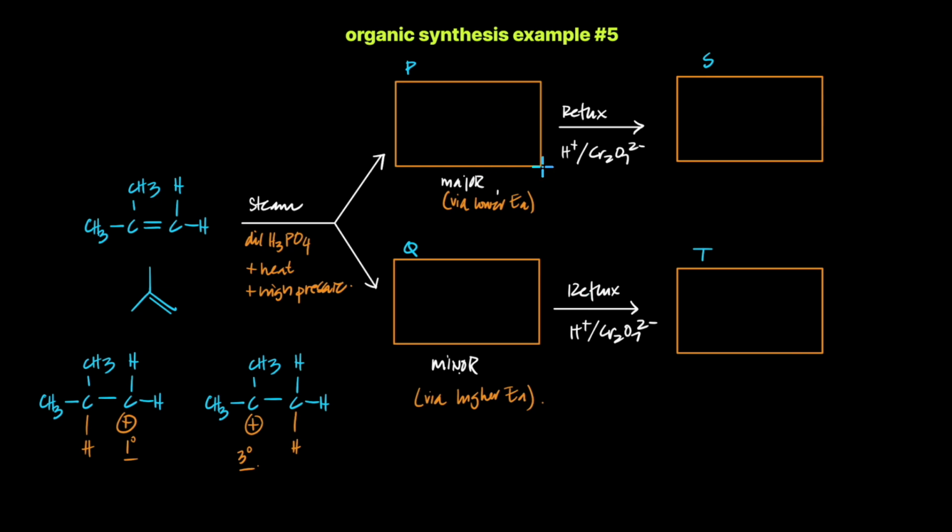And the lower activation energy is the one with the more stable intermediate. You've got to remember that, because they will ask you that also. Explain why what you have made is the major product, and explain why what you made is the minor product. So the minor product has a higher activation energy. That means it forms the less stable intermediate.